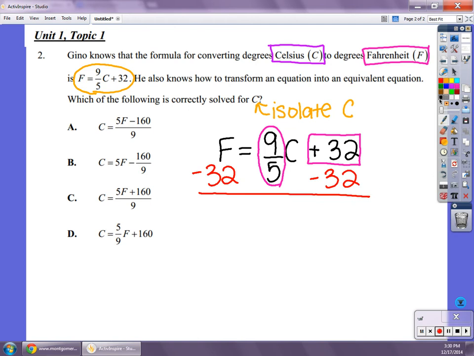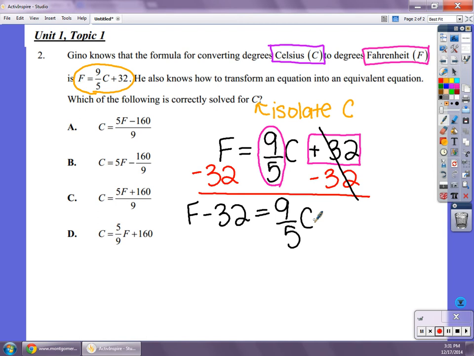From there, we're just going to rewrite it as we would read it on one line. F minus 32. On the right side, we're left with 9/5 C, and we've now gotten rid of our 32 because positive 32 minus 32 is equal to 0, so we are left with 9/5 C.